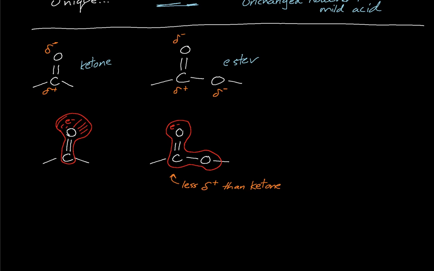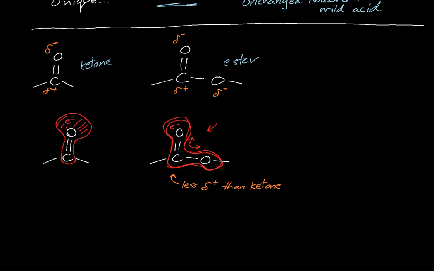It's just got the electronegative oxygen pulling electron density toward it, away from the carbon. But any of these kinds of arrangements, like an ester, amide, even a carboxylic acid, has a spread of electron density over all three atoms because it's sort of flowing back and forth around all three of these atoms.